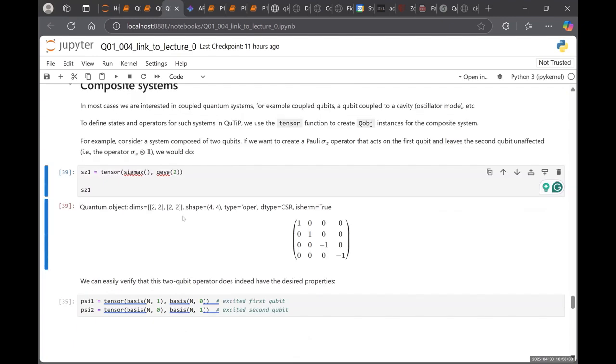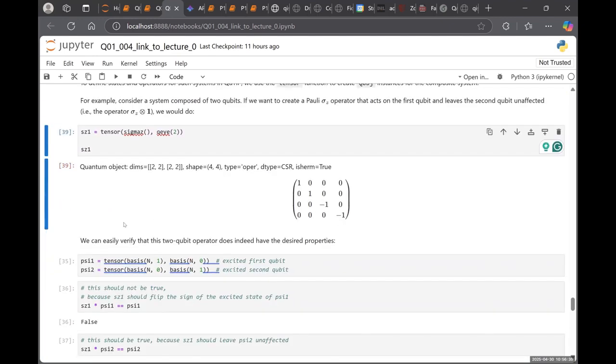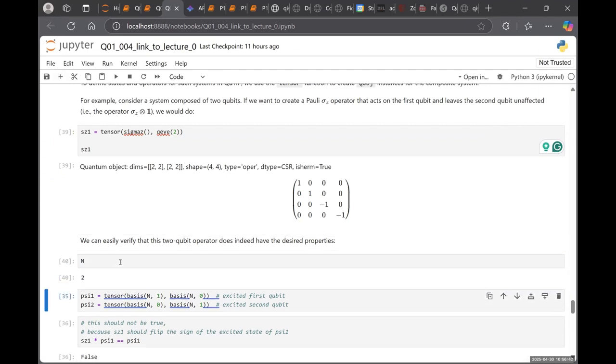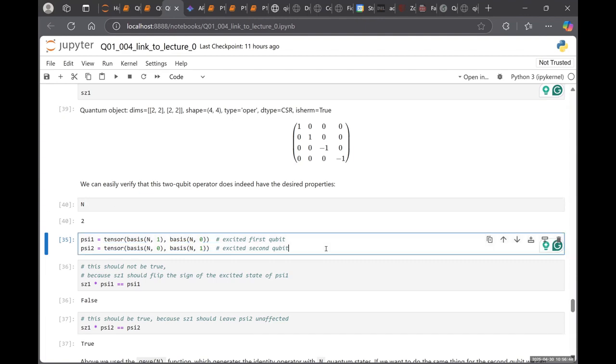N is already defined, and here's 2, so you can just use that as a qubit.